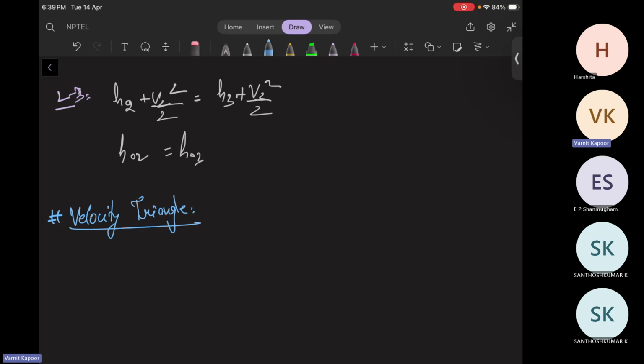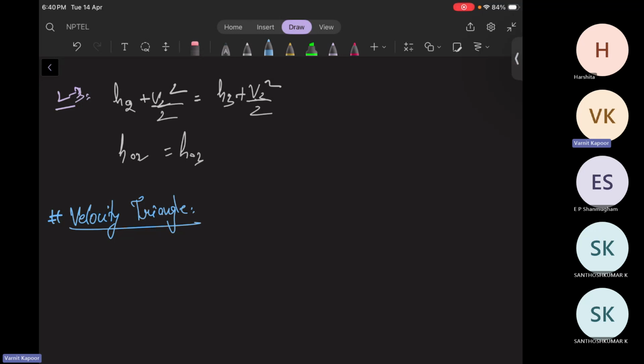Whirl component basically defines the change in the magnitude of the absolute velocity, and the flow component decides your direction, to maintain the direction. So I say that at the inlet of the impeller, fluid is always entering in a radial direction, that is your flow direction, and your whirl component is zero. We will assume like this all the time.